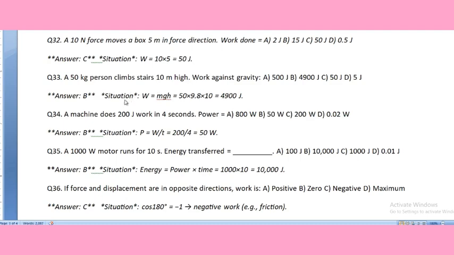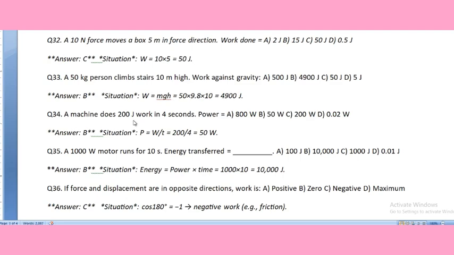Going to the solution, the potential energy is the product of mass times gravitational field strength times height. Inserting the given values: 50 kilogram times gravitational field strength 9.8 times the height, which is equal to 4,900 joule. So the correct answer is B.